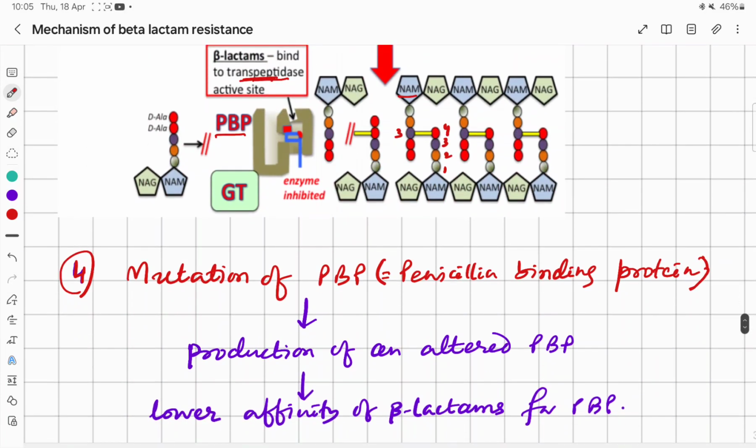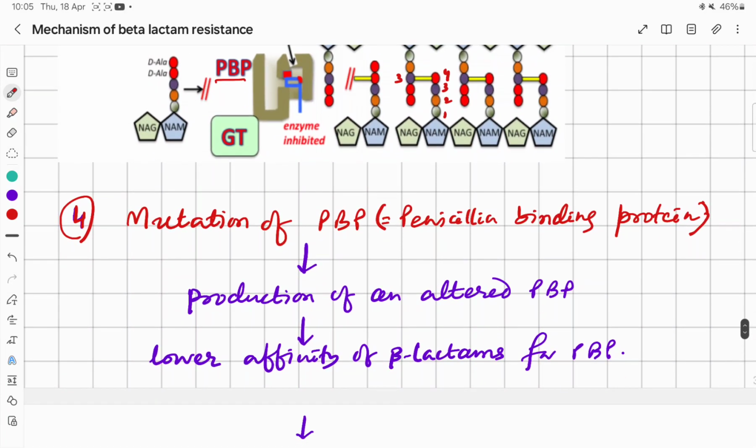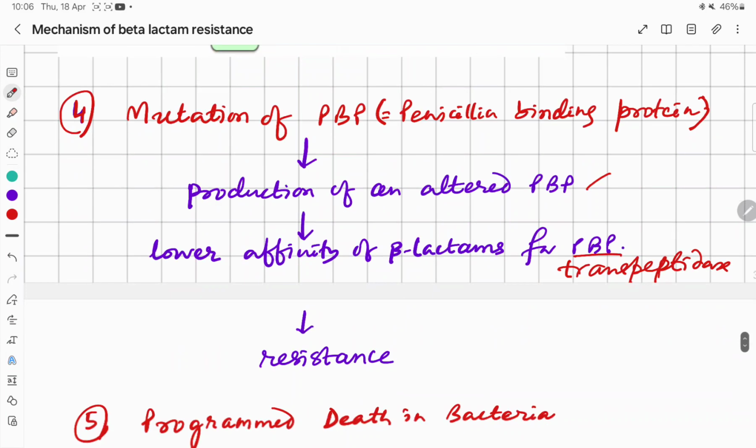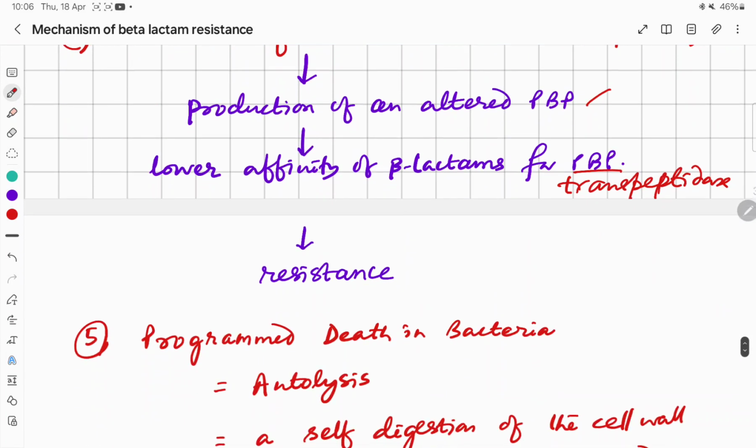So that is the fourth cause of resistance, where there is mutation of penicillin binding protein. There will be production of an altered penicillin binding protein, which lowers the affinity of beta lactams for this penicillin binding protein or transpeptidase, and this causes resistance to beta lactam antibiotics.